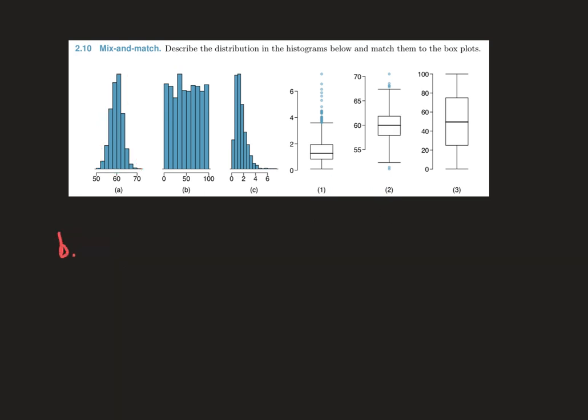Now let's look at histogram B. This is what we would call uniform. There is one mode here, but generally they're all about the same height. So we want to describe that as uniform, not really a mode.